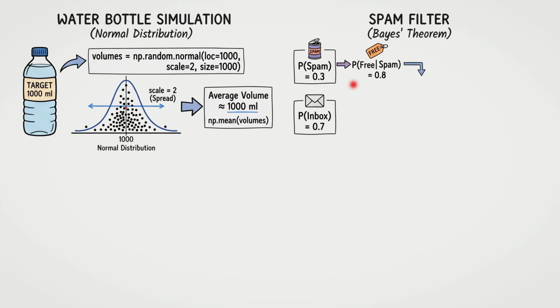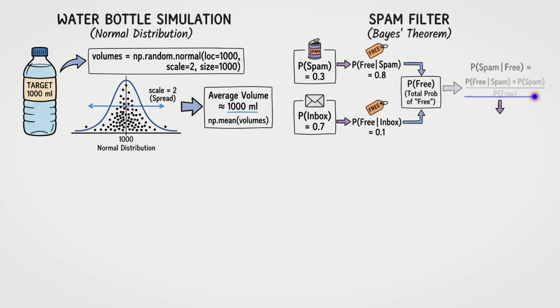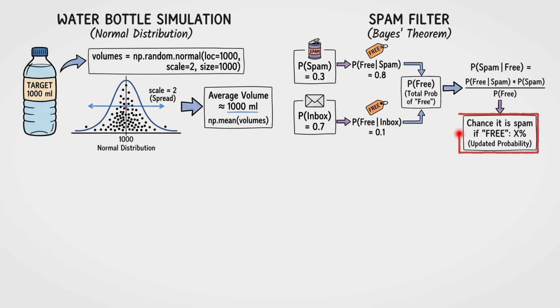But it's not a perfect indicator, because 10% of regular emails also use the word free. To update our belief using Bayes, our code first calculates the total probability of seeing the word free anywhere by combining both those possible pathways. We use that as our denominator in our final Bayes formula to answer the ultimate question: what is the updated chance it is actually spam if we see that word?